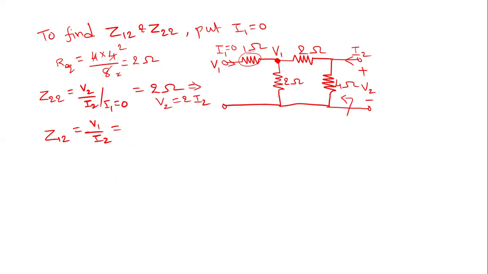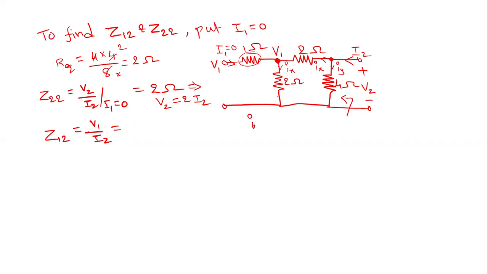Here also the entering current is I2. So let us apply the current division principle. This is Ix and this is Iy. In terms of Ix, we can express V1 as 2Ix, because the flowing current here is Ix.